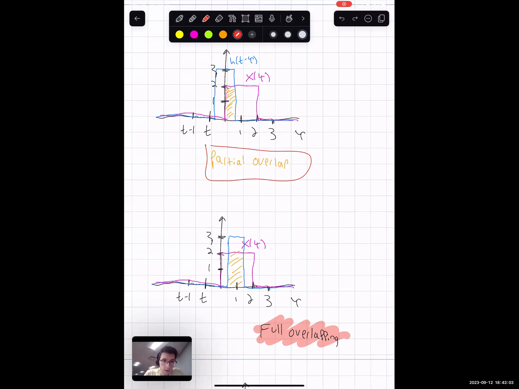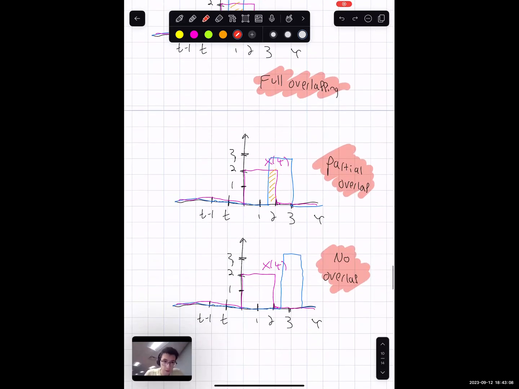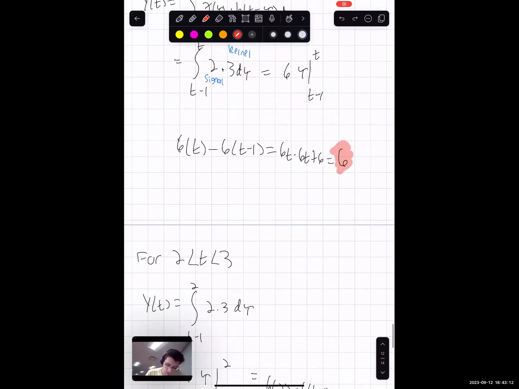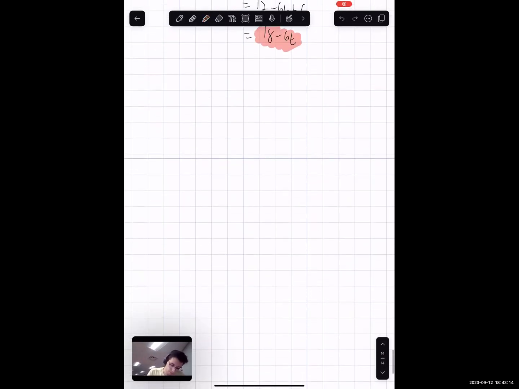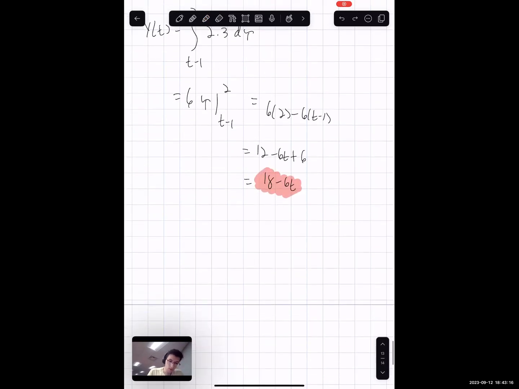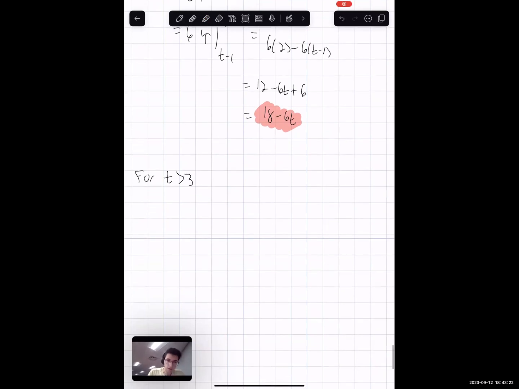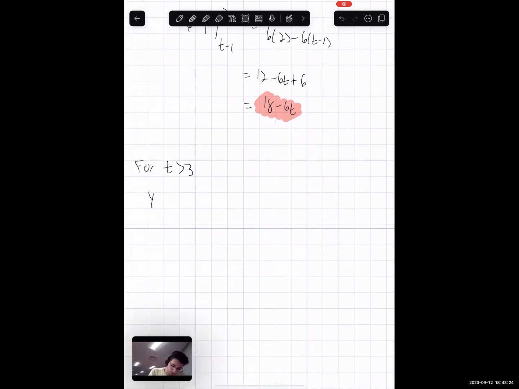We're shifting it more to the right, so there's gonna be more overlap. But here, if we keep increasing t, we're reducing our overlap because we're getting farther away, right? That's why it's negative. Okay, so for the last part, we have t greater than 3, and we're going to have, once again, just equals 0, because there's no overlap.